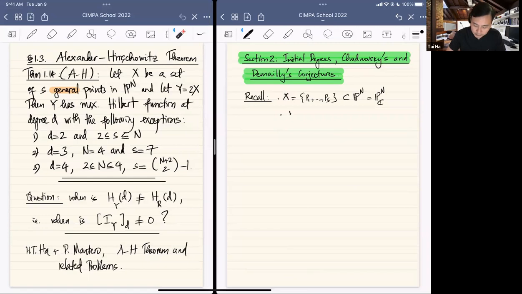I'm going to fix a positive integer M, and consider the collection Y of fat points with supports in X and the same multiplicity M. The question that we're going to discuss in this lecture is: for which value D is I of Y at degree D not the same as 0.